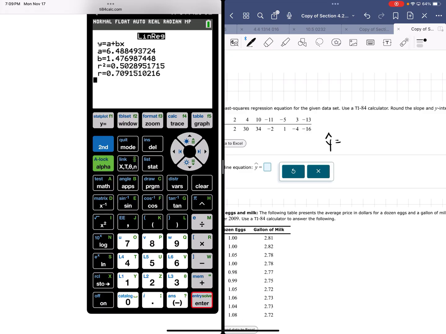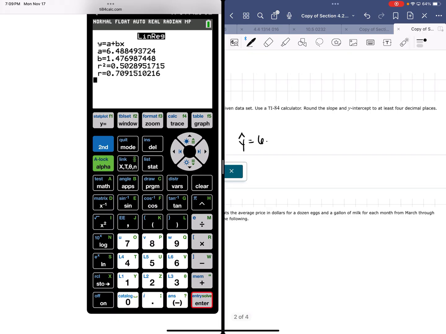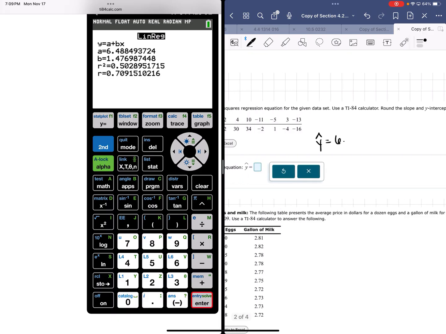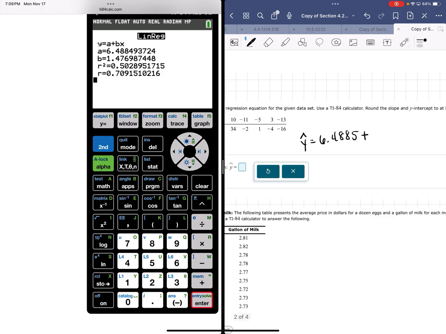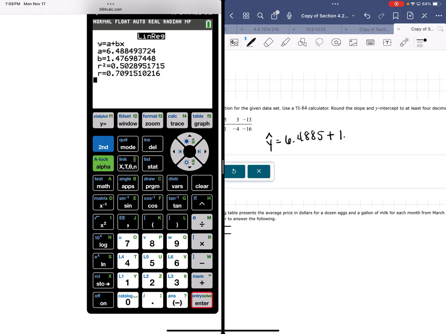So you could type in 6 point, around the slope, 4 decimal places. 6.4885 plus 1.4770x.